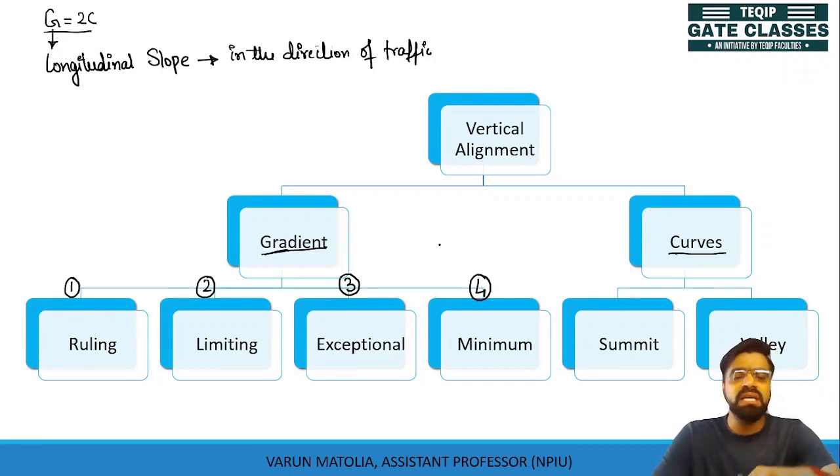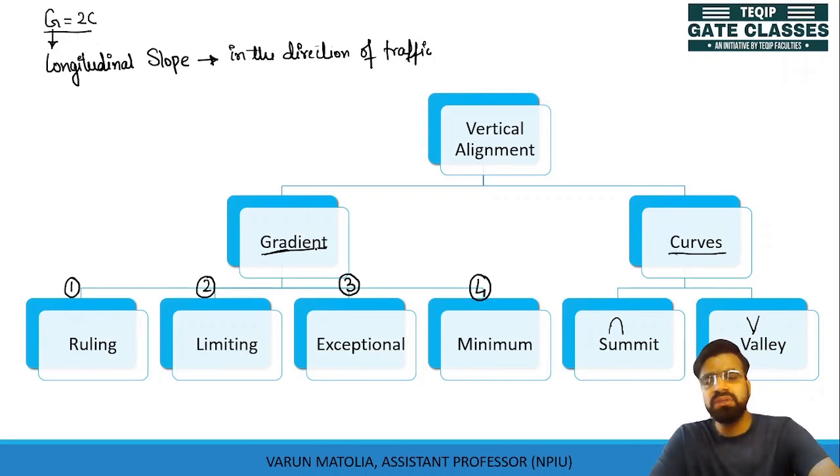We'll later on see about these curves. One is summit. Summit means peak, and another one is valley. The V itself tells you about the shape of the curve. So these curves are made of combinations of gradients.